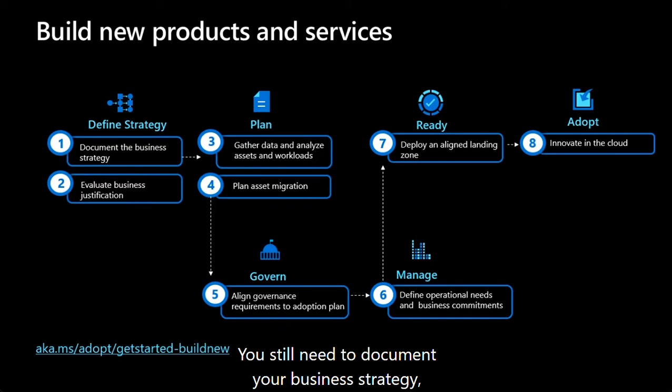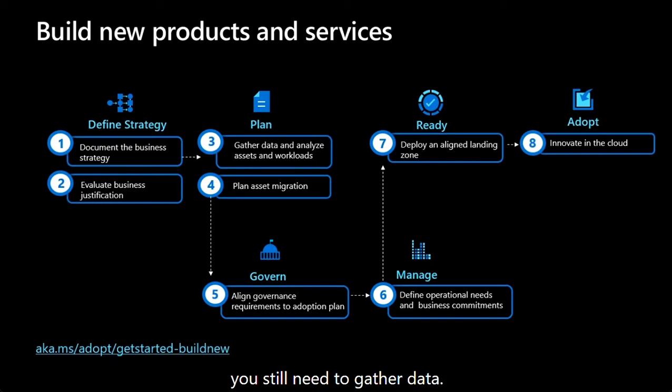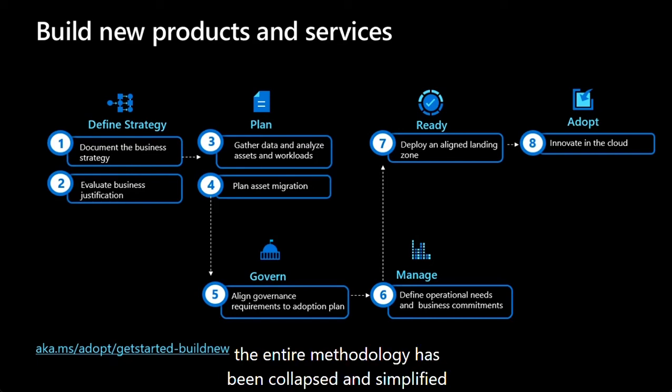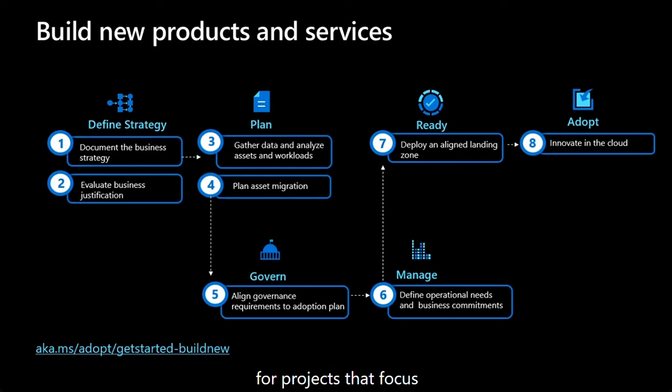You still need to document your business strategy. You still need to evaluate your business justification. You still need to gather data. But again, the point here is that the entire methodology has been collapsed and simplified for projects that focus on building new products and services for Azure.